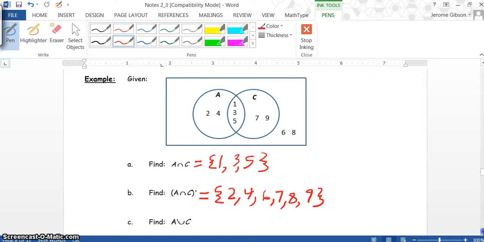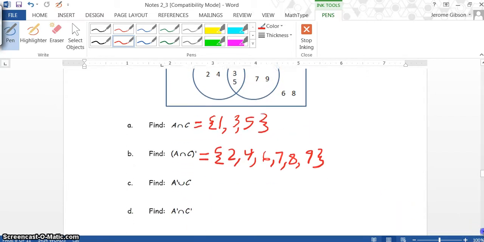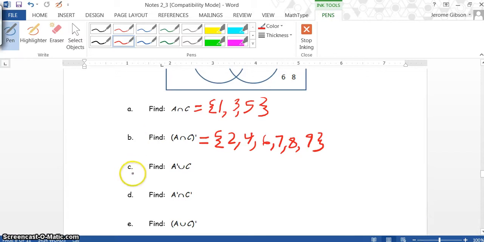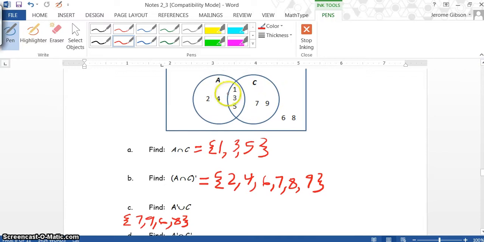So now we have A complement union C. So the complement of A would be 7, 9, 6, 8. So let's write that out. I know I wrote it out of order, but that's fine. And we want to union this with C. Now C is 1, 3, 5, 7, 9.